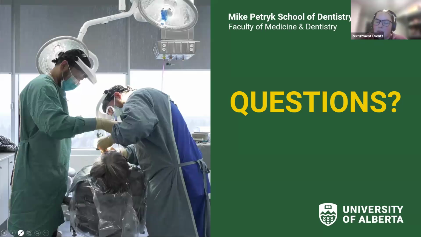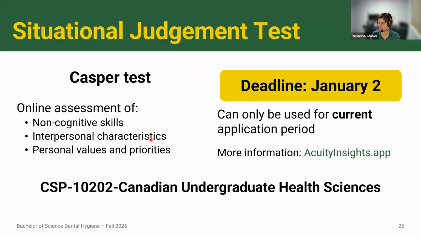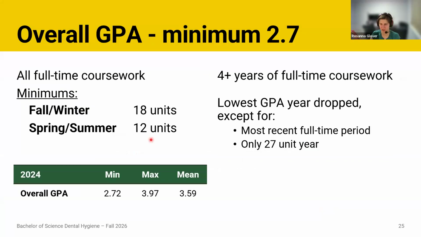Perfect. And then for GPA, is it averaged from all years of the undergrad the student has completed? And are the years weighted evenly? Overall GPA looks at all years of full-time study. Let me just actually pull that page up here. This one's for dental hygiene, but it applies more or less how we do the calculations.